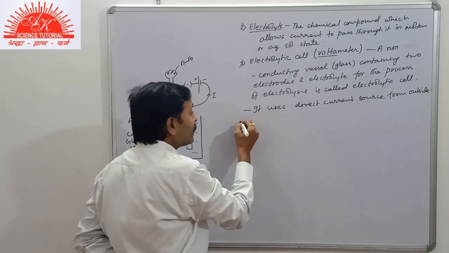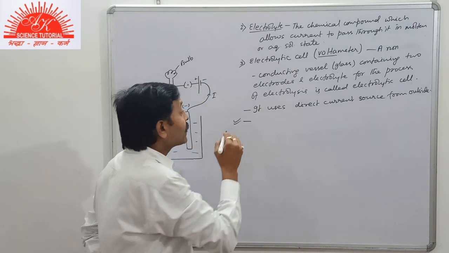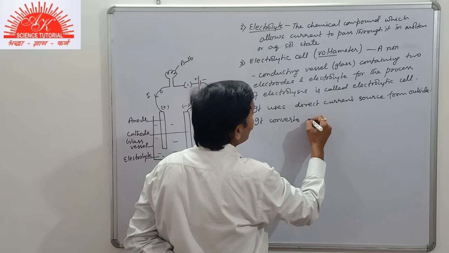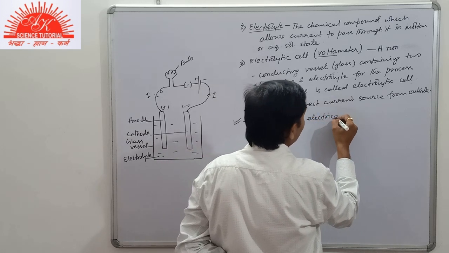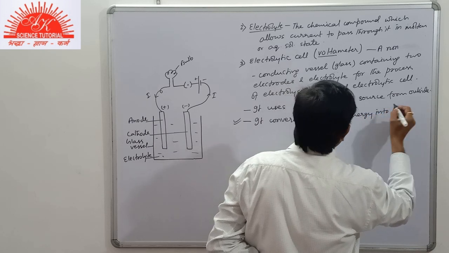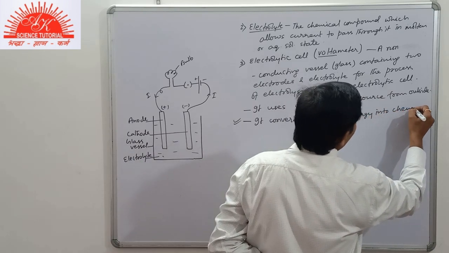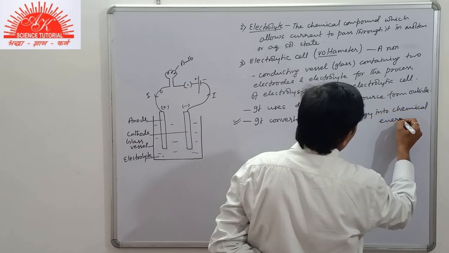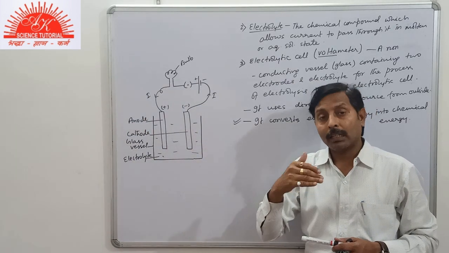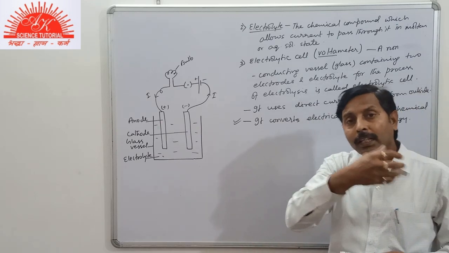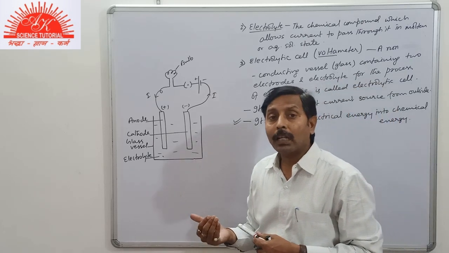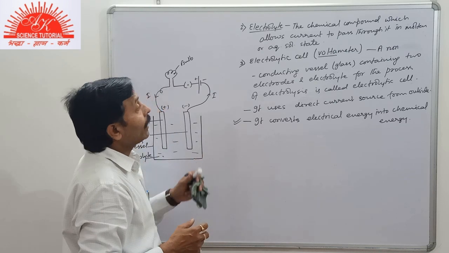That is, we can say that as a chemical change, it converts electrical energy into chemical energy. Means when electricity is supplied to it, when we add the source of electric current to it, then using that electrical energy, it causes chemical change, hence it converts into chemical energy. Now this is the electrolytic cell.